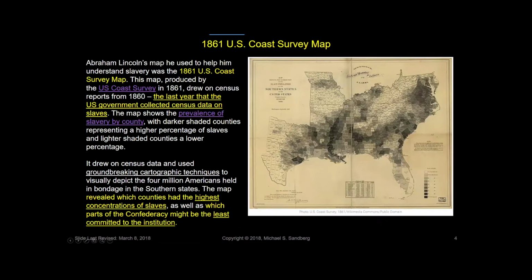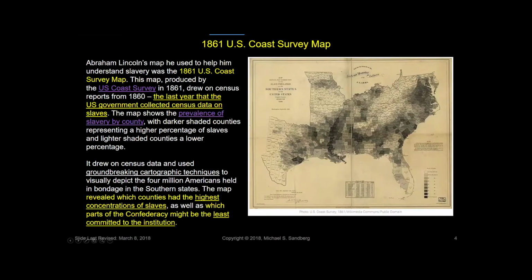The 1860 census was interesting in that it was the last year that the U.S. government collected census data on slaves. And so the map, as you look at it over here, you can see as you look from the east going south that there's a high prevalence of slavery by county in the southern states.